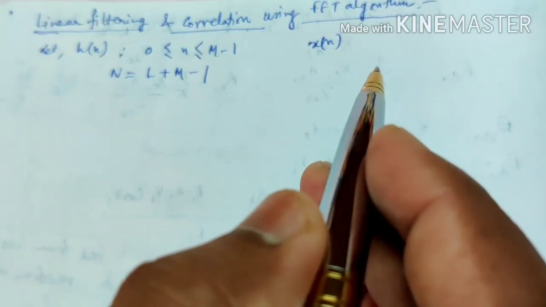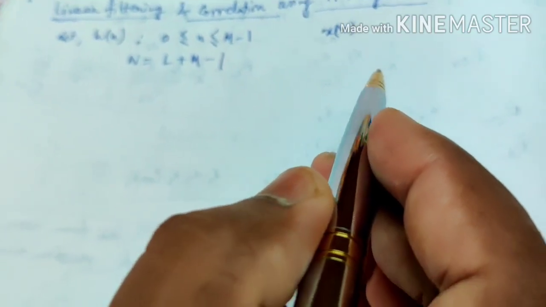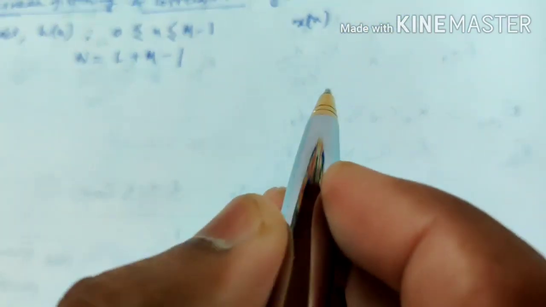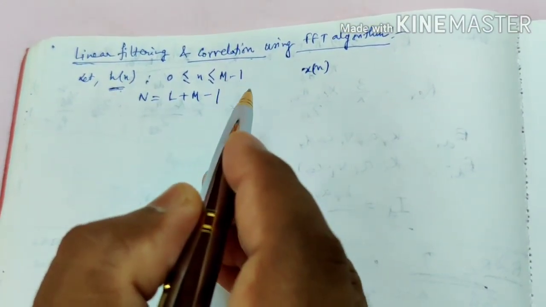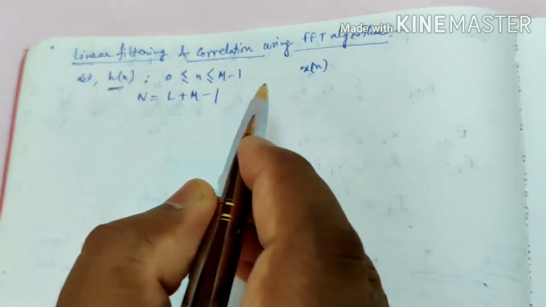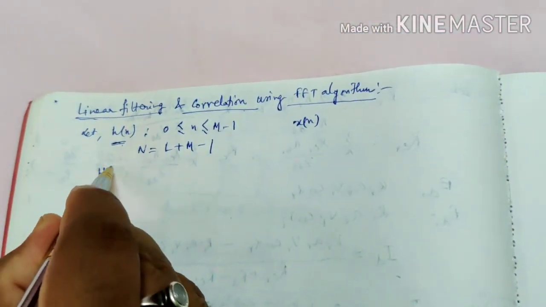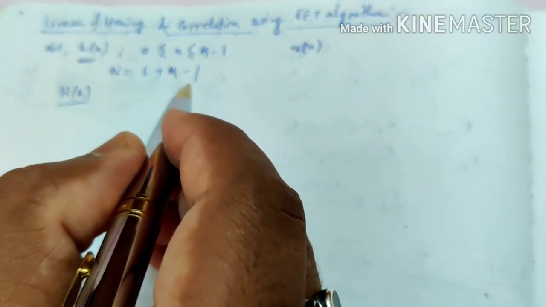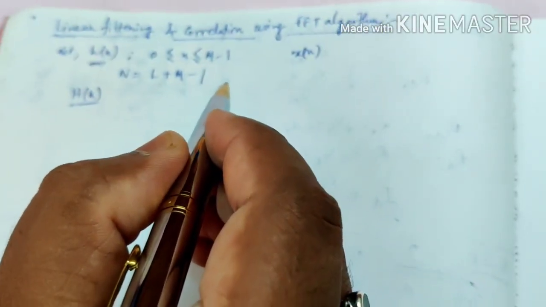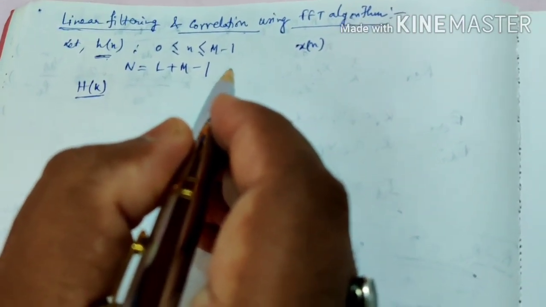So we consider only the radix-2 FFT algorithm. The N-point DFT of h(n), which is padded with L minus 1 zeros, is denoted by H(k). This computation is performed once via FFT and the resulting N complex numbers are stored.